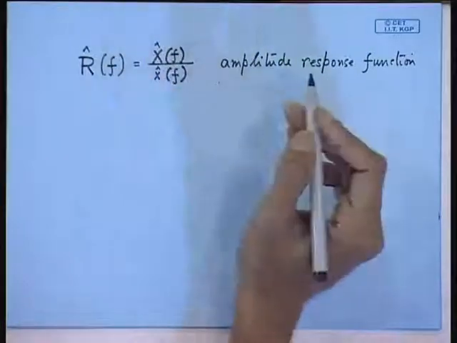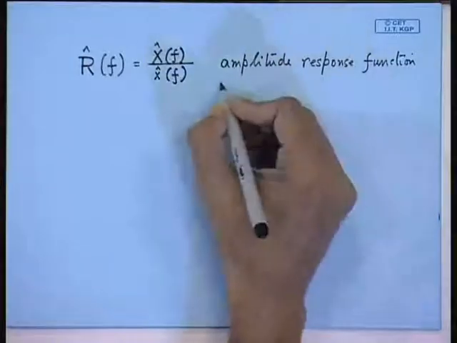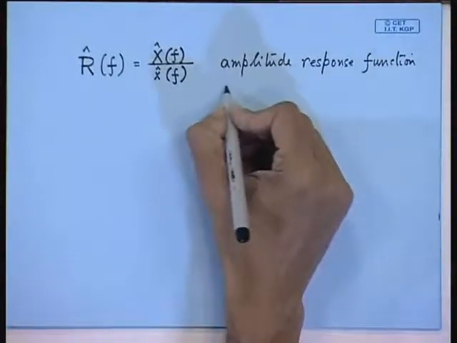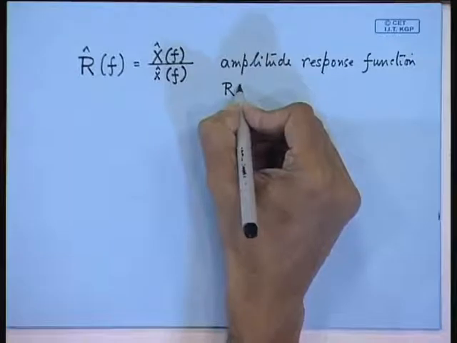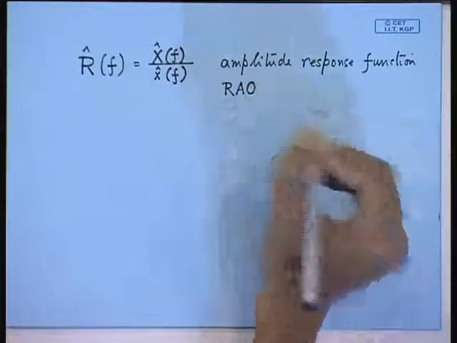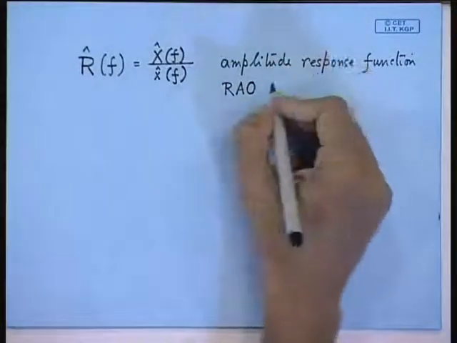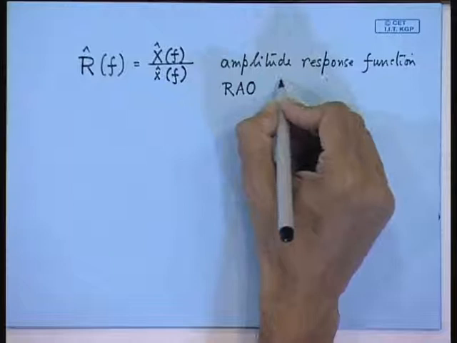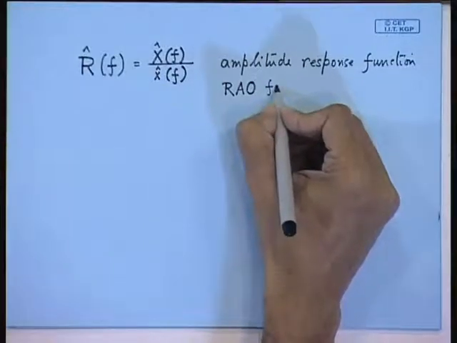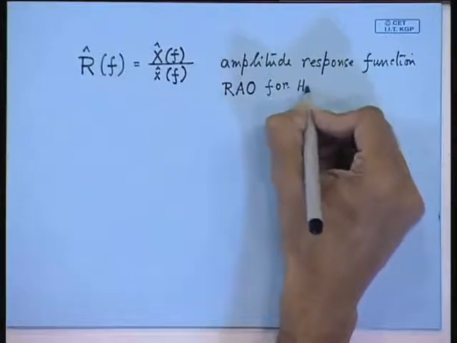In naval architecture we call this the RAO. You will find this very common in naval architecture books. You have to calculate this RAO for heave, pitch and roll.